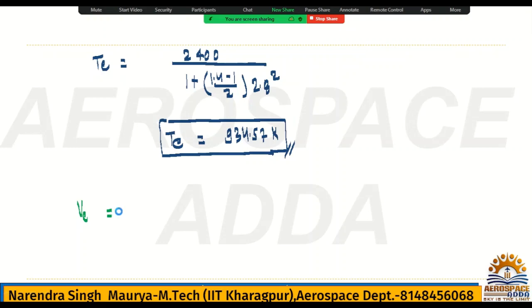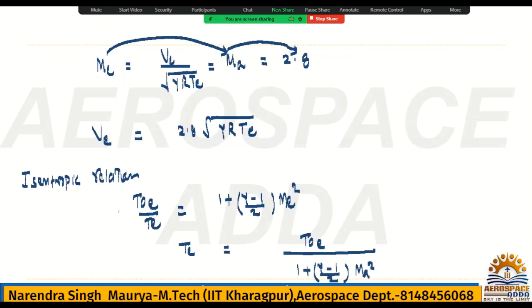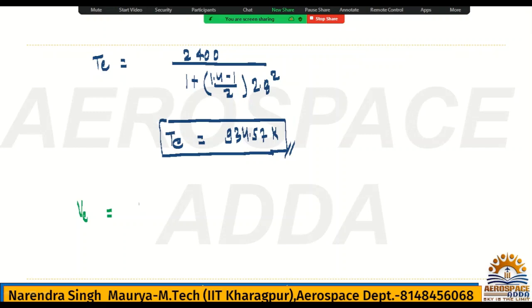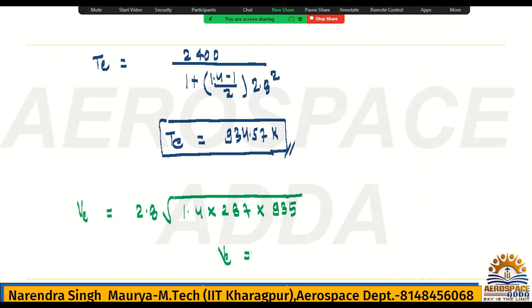VE is nothing but, check here, it is 2.8 root of gamma RT. 2.8, gamma 1.4, R. In the problem 287 it is given, into TE you have calculated 934.57, you can write 935 approximate, because this is the approximate value I have written. So now do this, calculate it. So this is the exit velocity, right?